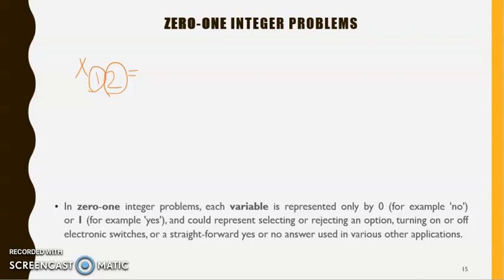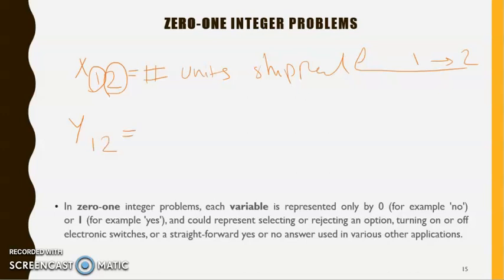It was the definition: number of units shipped from 1 to 2. But here, when we talk about, for example, y12, it wouldn't be the number of project manager 1 assigned to project 2, because there is only one project manager 1 and only one project 2.